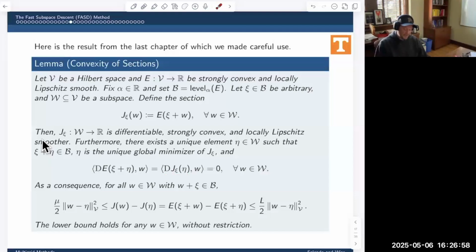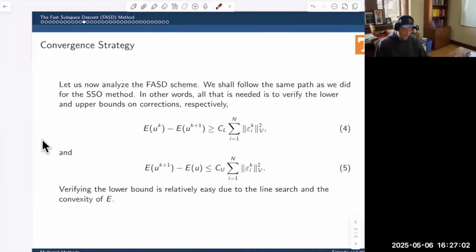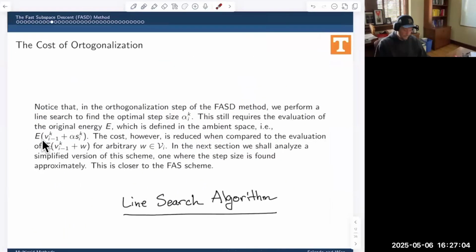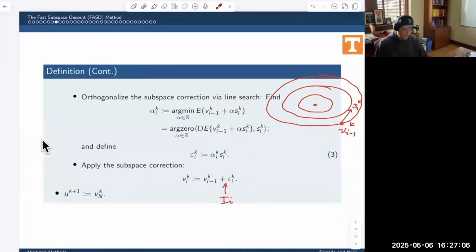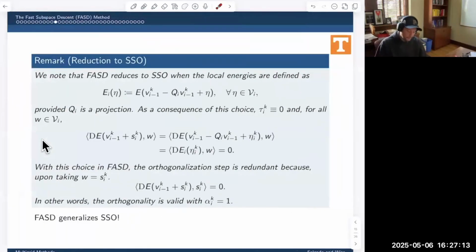Remember, the energy section here is gotten because when I do my orthogonalization step, I've decided to use an energy section to do that. That's actually what orthogonalization means.